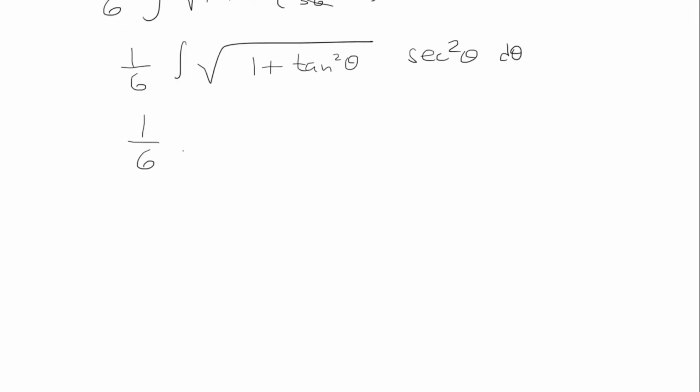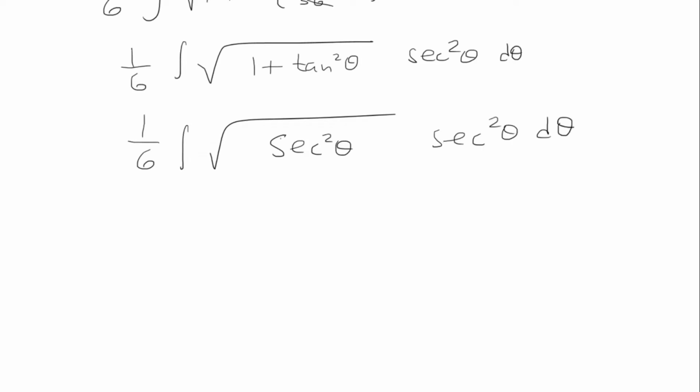Now, 1 plus tangent squared is a trig identity, which is just secant squared. And then I have secant squared outside. The square root of secant squared is secant. So this whole thing is secant. And when I multiply that by secant squared, I do get secant cubed. So I was able to simplify the integral down to 1/6 secant cubed.